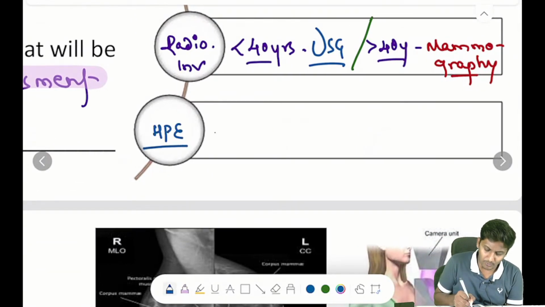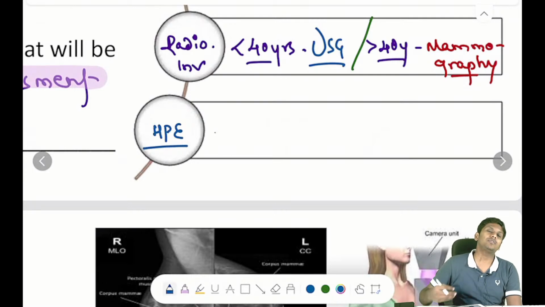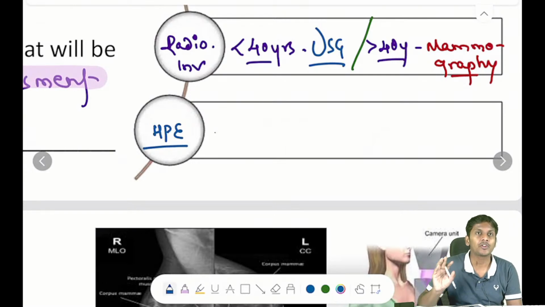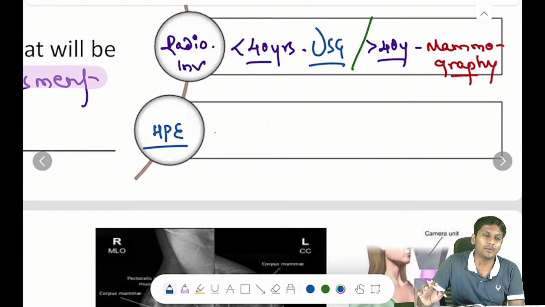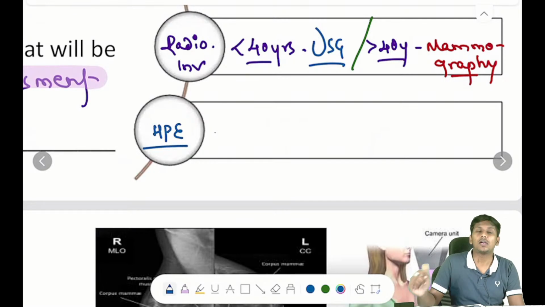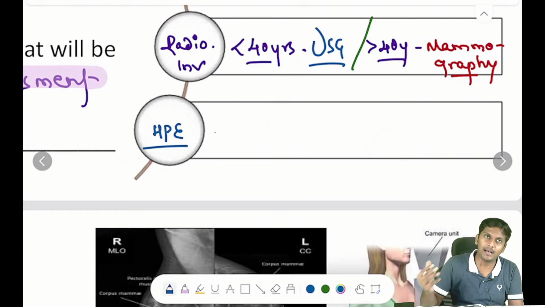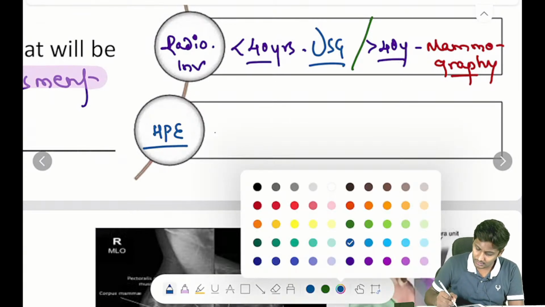That means we are going to take some cells or some tissue from this breast lump and send it to the pathology lab, where the pathologist is going to check these cells or tissue under the microscope and tell us whether the patient is actually having a benign mass or a malignant mass. So that has to be confirmed as well with the histopathological examination.